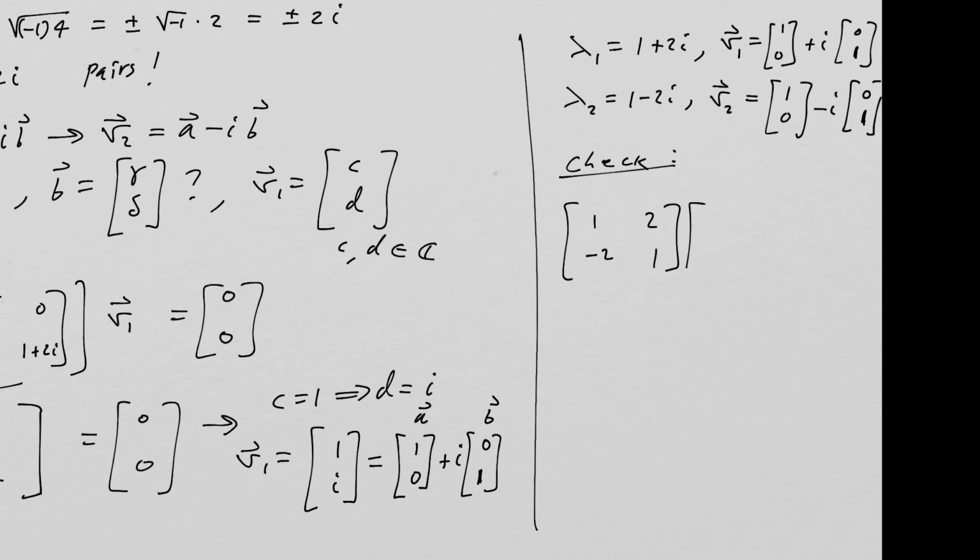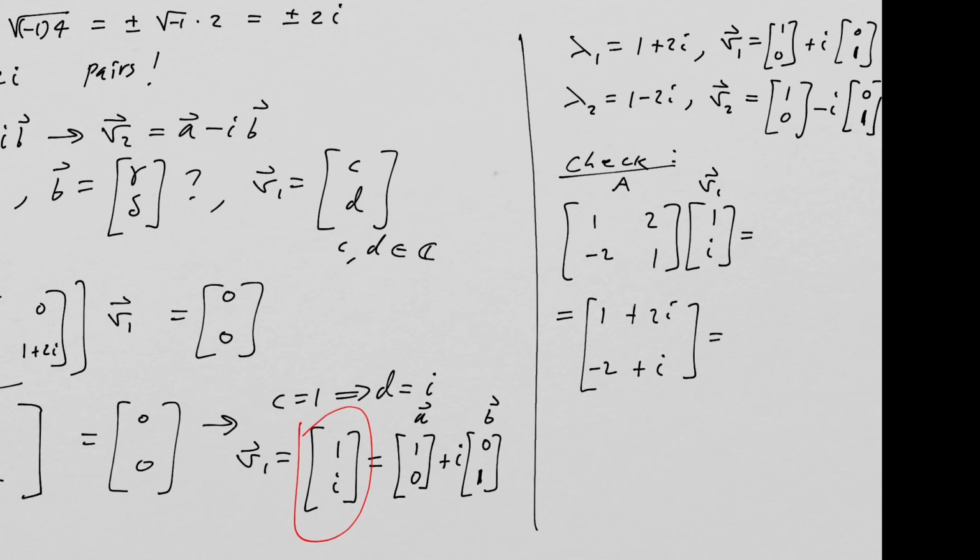And now we're going to multiply by the vector. I'm going to use this form because it's a little simpler for my v1, and that's just 1, i. That is my v1, that's my a. And now I'm going to get from it 1 plus 2i, and then a negative 2 plus i.